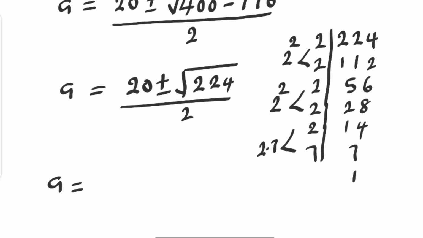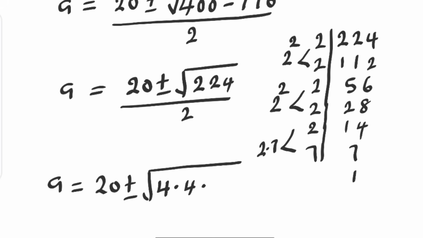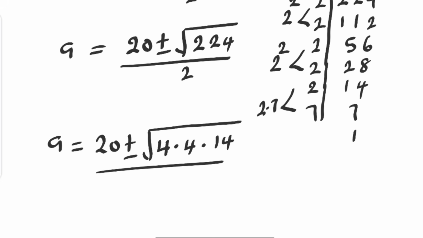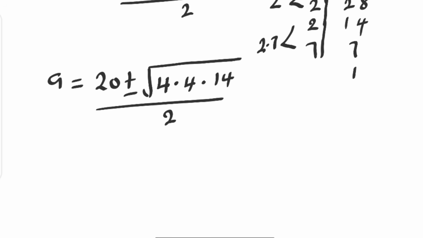A is equal to 20 plus or minus square root of 2 square, we have 4 multiplied by 4 multiplied by 14, then divided by 2. A is equal to 20 plus or minus 4 times 4, that is 16. Square root of 16 is 4.